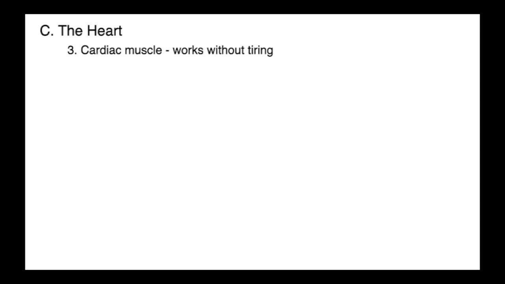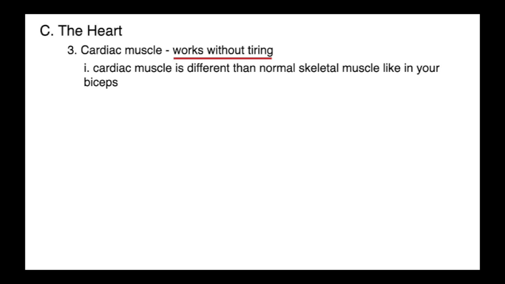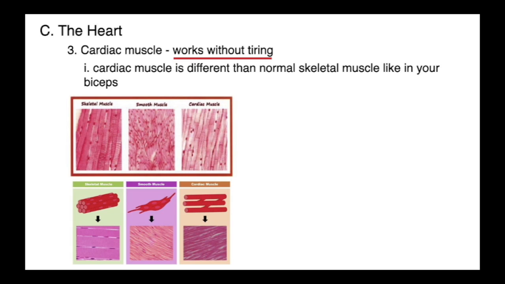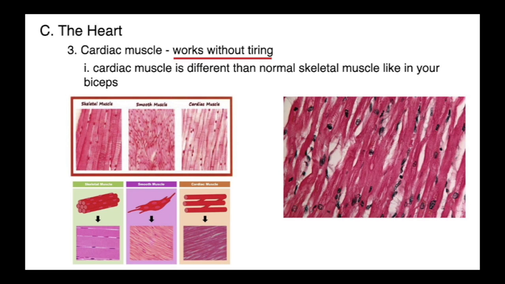All right, so the cardiac muscle works without tiring. Cardiac means heart. So your heart muscle works without tiring. And it's different than the skeletal muscle in your biceps, for example. It has different structures to it. Now, we don't have to go into it, I just wanted to show this. You don't have to memorize these, but just notice that cardiac muscle has a different structure.